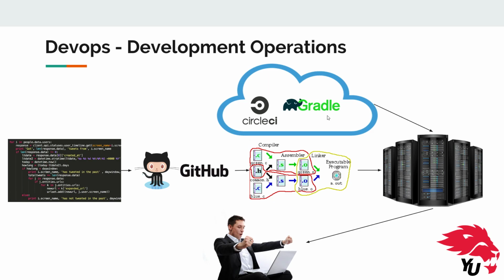And Gradle is responsible for building our Java application, packing everything, testing, verifying that everything's working properly, and even generating a jar file for us. So Circle CI is the service that provisions the machines, and Gradle is the tool that we're actually using to build our software and make sure it's running properly.